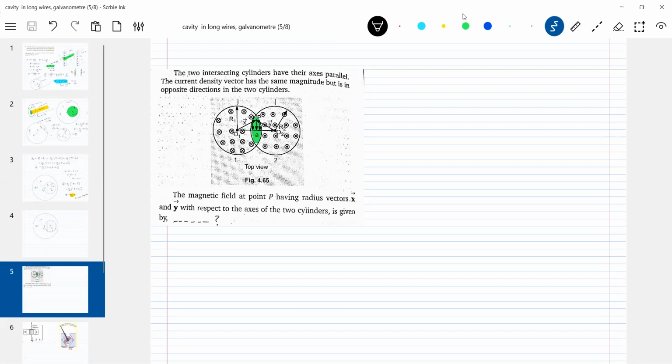So what is the resultant field at that particular point? B bar is B1 bar plus B2 bar. The formula we had now is going to help us a lot. Mu naught by 2, j bar cross x bar, plus mu naught by 2, minus j bar cross y bar.